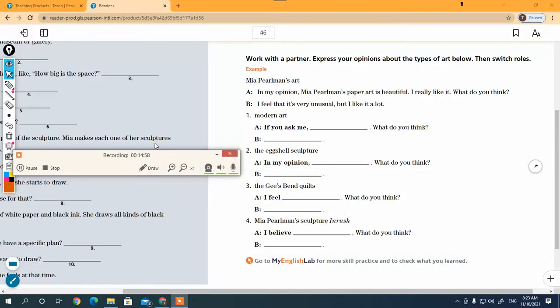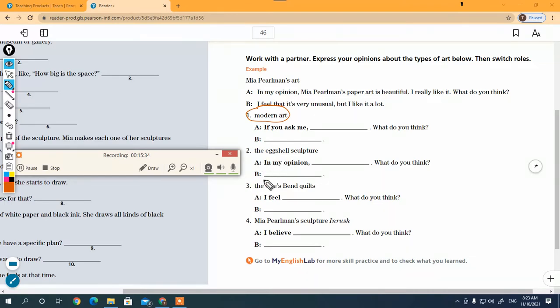So, students, in this activity, if you want to take a moment to try to complete these ideas, imagine a dialogue where two people are talking about, number one, modern art. The first person says, if you ask me, and he gives his opinion about modern art. And then the second person responds and tries to use a different expression.